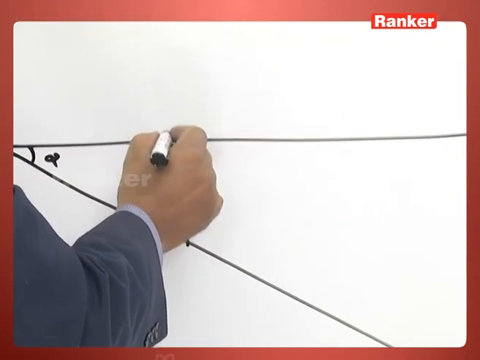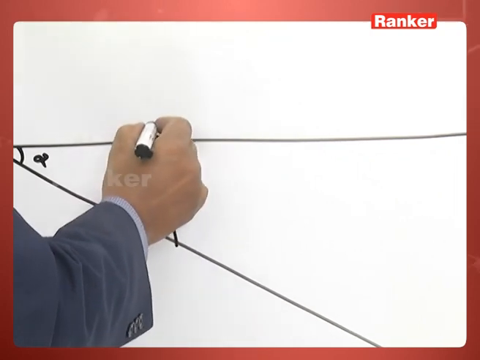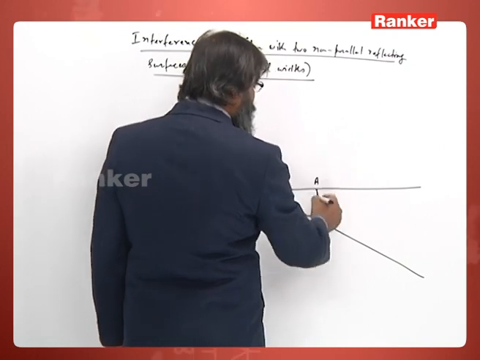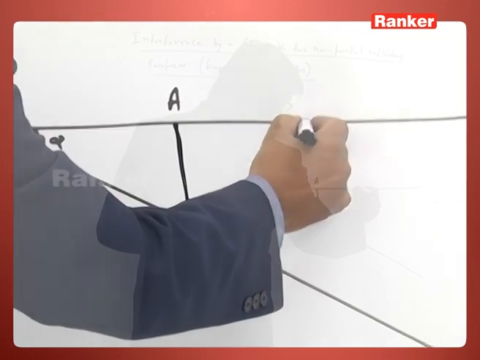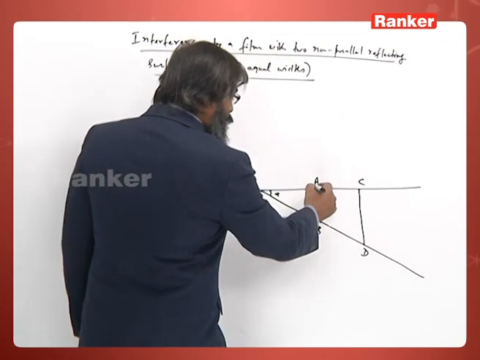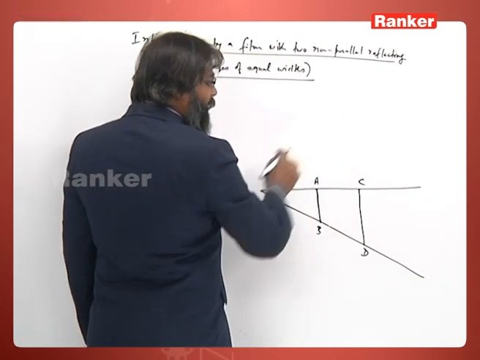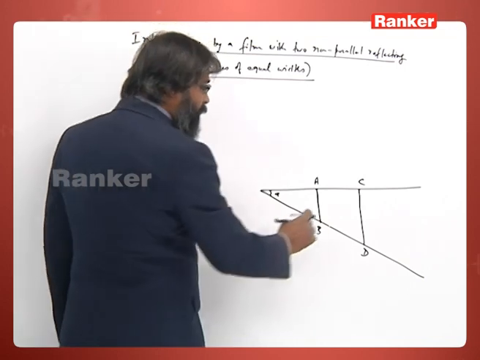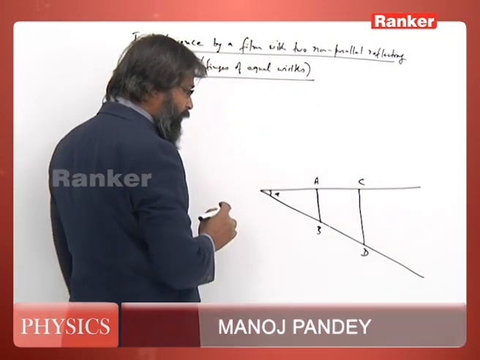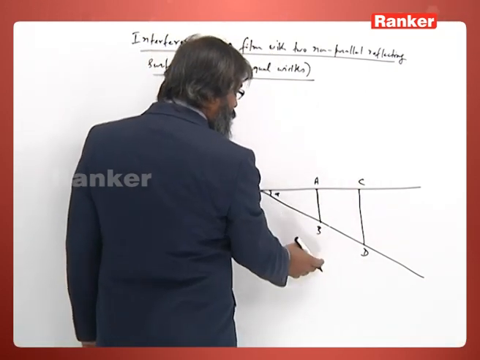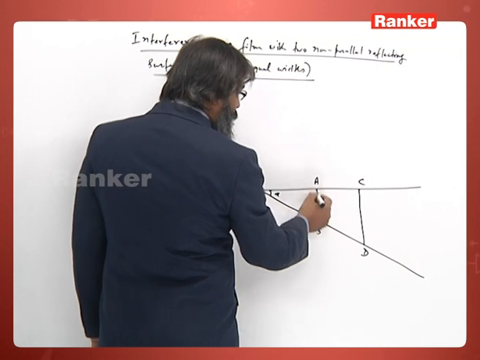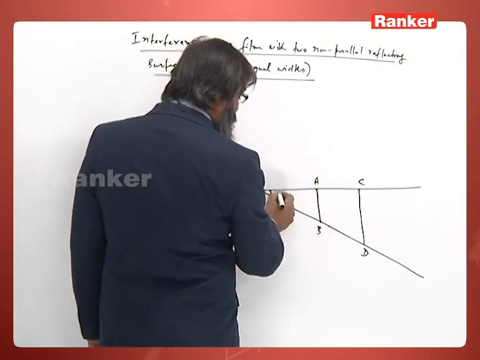So this is the first brightness, the wave reflected from here, I call it A, B. Then here again this C, D. So the waves reflected from this place and this place are under constructive interference, and the next ray reflected from this upper end and this end is under constructive interference. So this is rarer medium, denser medium, rarer medium. So you see here the path difference, this angle alpha is small.